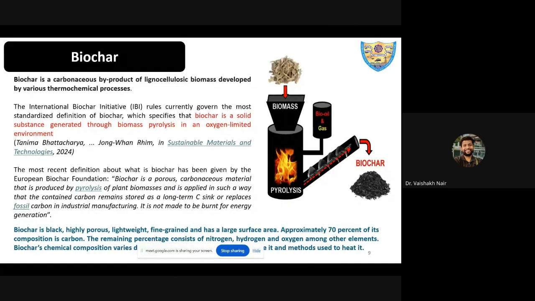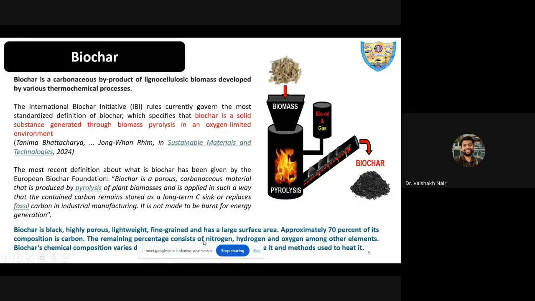Now the another definition which is given by the International Biochar Initiative is basically that biochar is a solid substance generated through biomass pyrolysis in an oxygen limited environment. So same way you can see that there are different definitions given. And as I stated, because this research everywhere in the world they are doing, they've been trying to use biochar for soil studies and agricultural studies in US, in Europe. So that's why you will see that there are different ways they will define it.